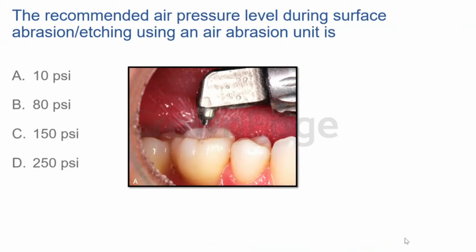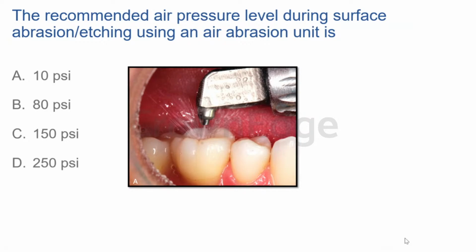Let me throw a question at you. Let's see who can answer this question. It is a question regarding the pressure level. What is the recommended air pressure for surface abrasion or etching using an air abrasion unit? If you're using an air abrasive unit, what is the air pressure which is required to surface abrade, to create that micro roughness, those surface irregularities?